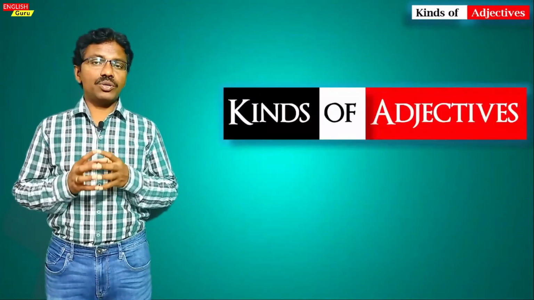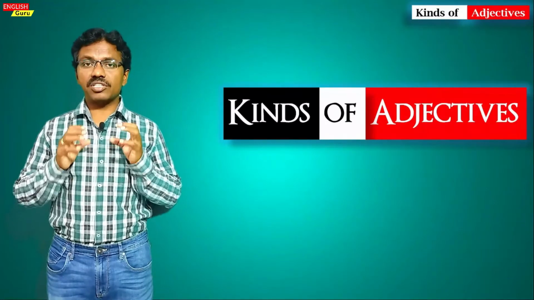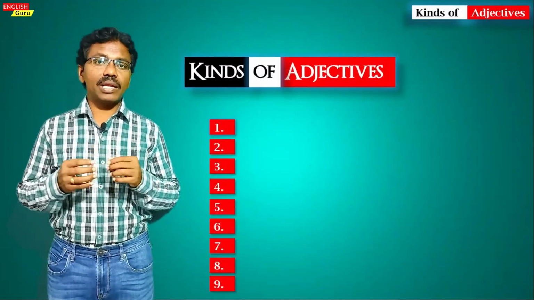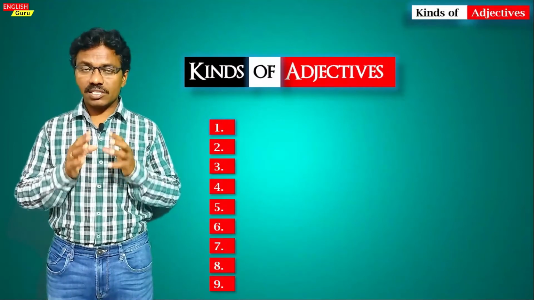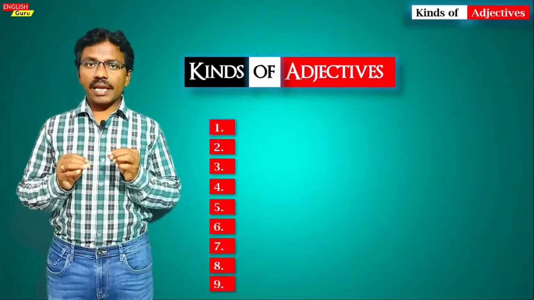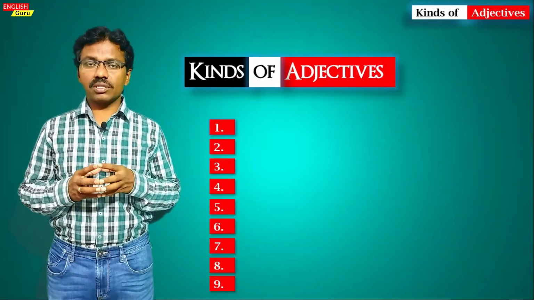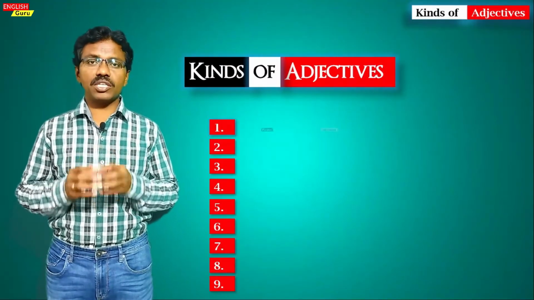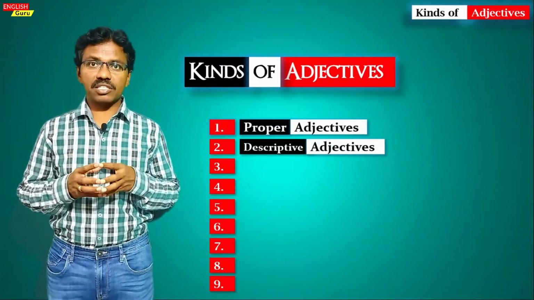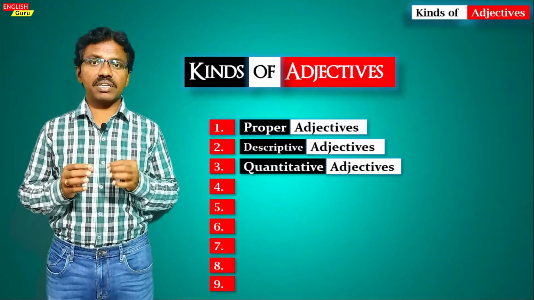And now let us try to understand the kinds of adjectives which are there in the English language. And these kinds will help us to understand the adjectives in a proper and the right manner. We have taken 9 kinds of adjectives in this video. The first one is proper adjectives. The second one is descriptive adjectives. The third one is quantitative adjectives.